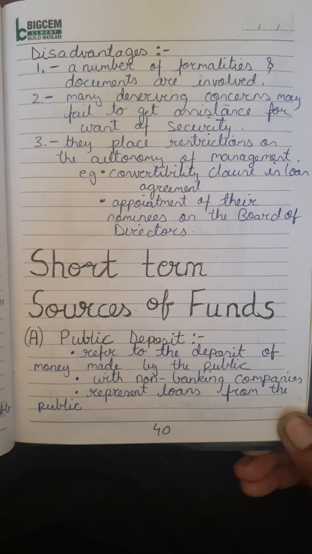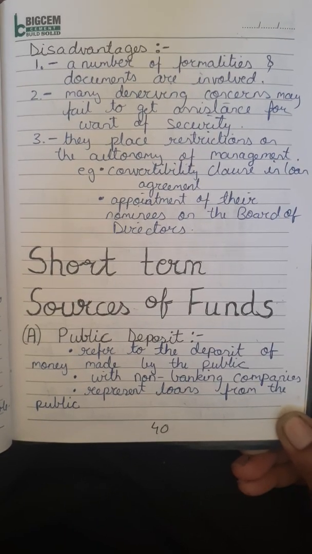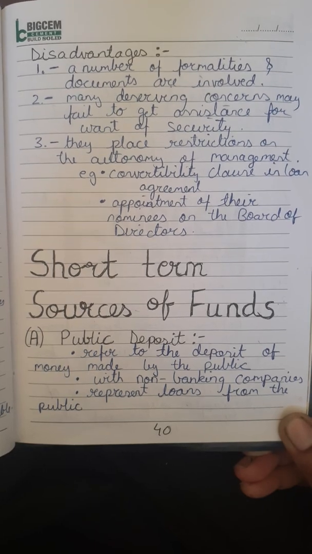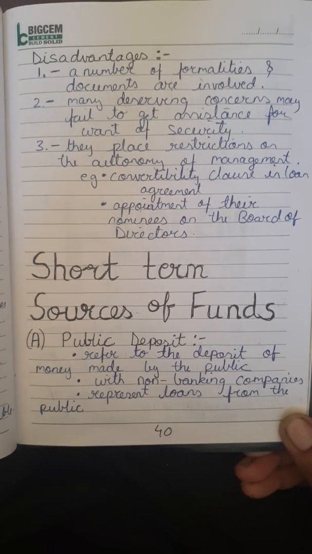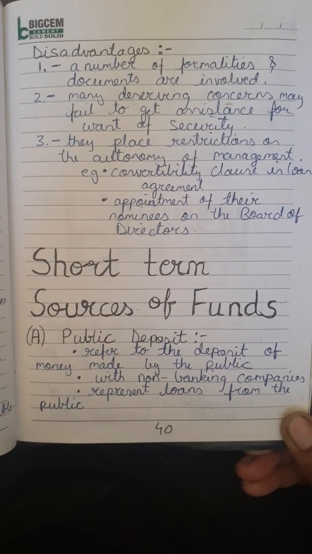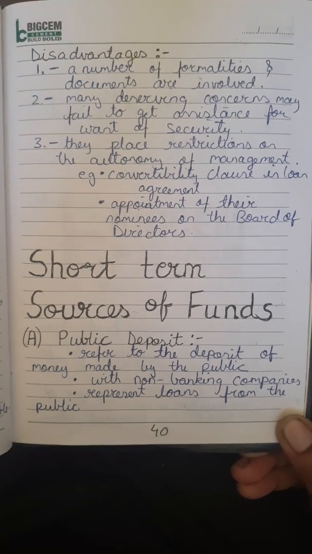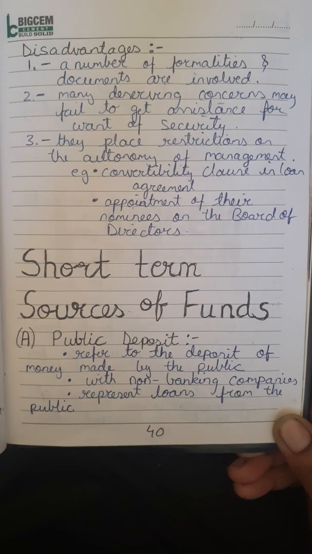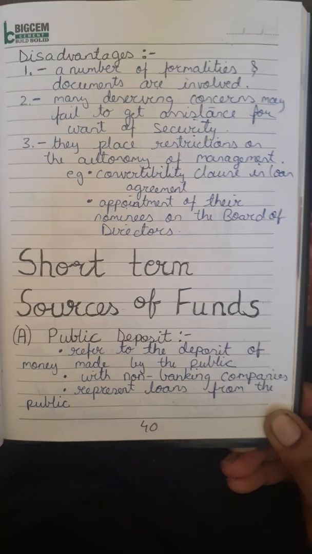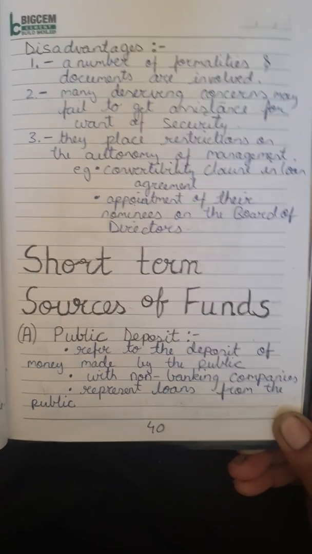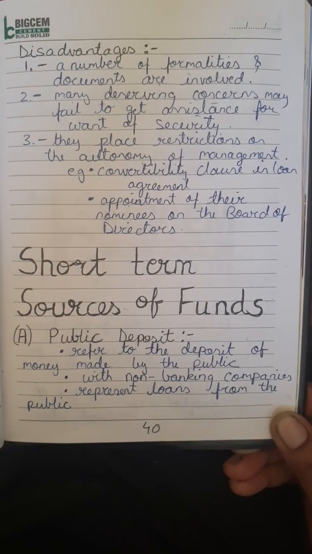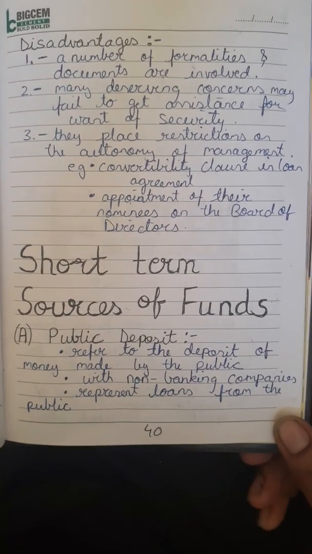The first one is public deposit. Public deposit, as the name itself suggests, refers to the deposit of money made by the public to or with a non-banking company. It basically represents loan from the public, including the employees and the shareholders.